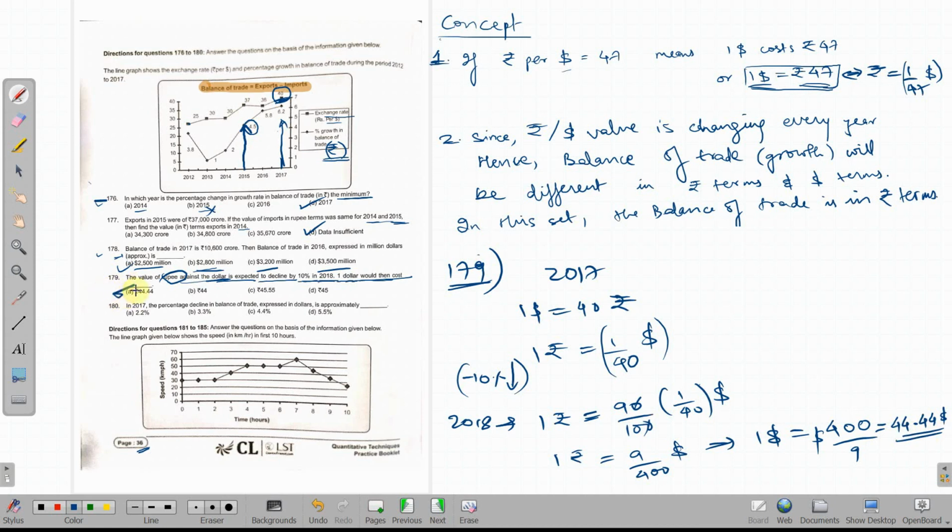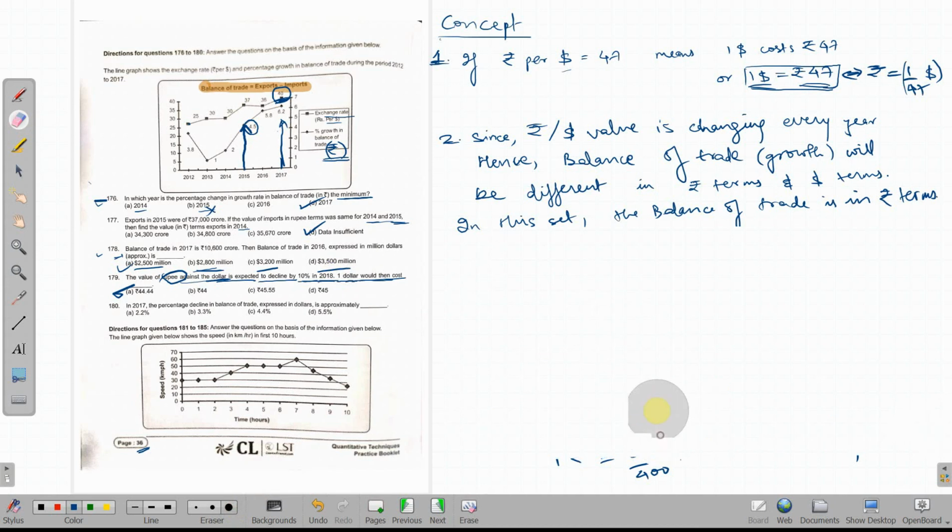Okay, and the last question in this set, question number 180. Okay, so I'm just erasing this question very quickly. Question number 180. In 2017, the percentage decline in balance of trade expressed in dollars is approximately.